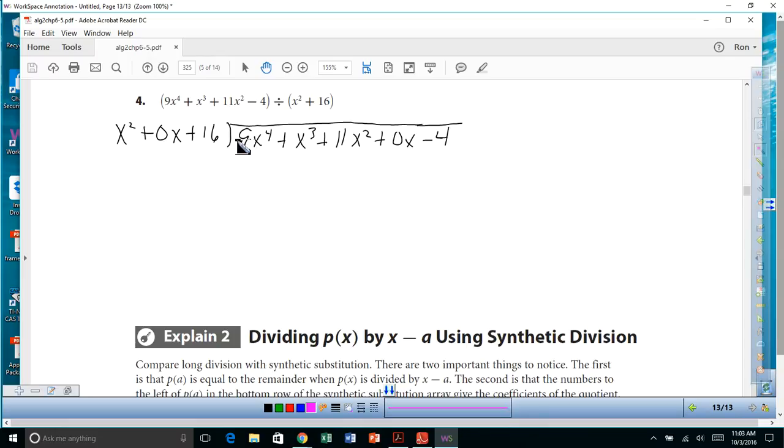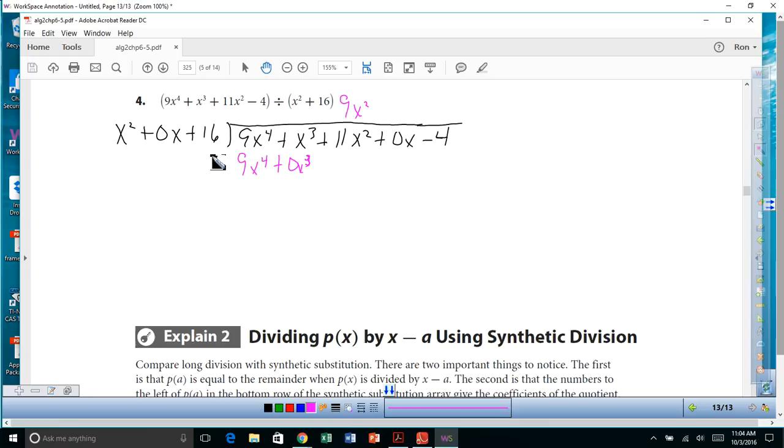So I need to make this 9x to the 4th, so I have to multiply it by 9x squared. 9x squared times x to the 4th is 9x to the 4th. 9x squared times 0x is 0x cubed. All right, so again, I'm not missing it.